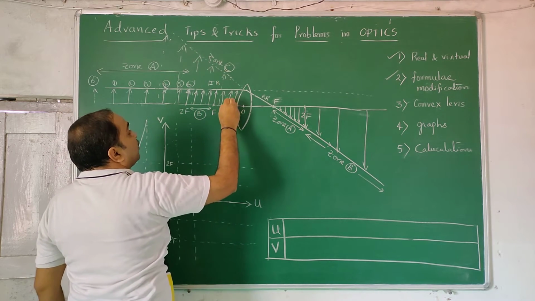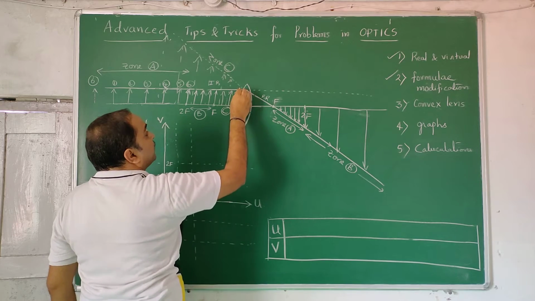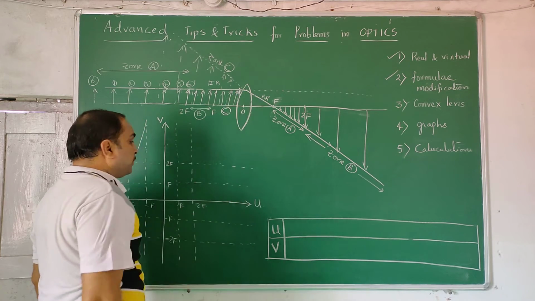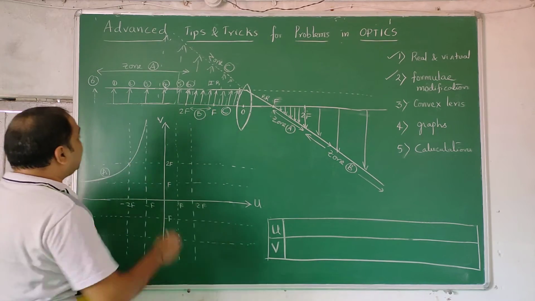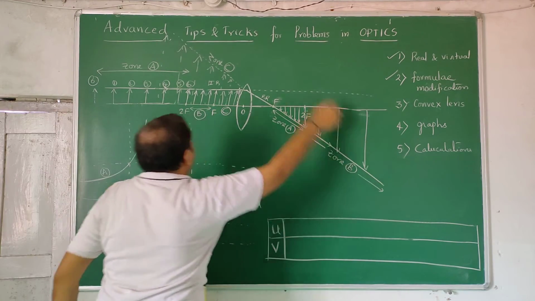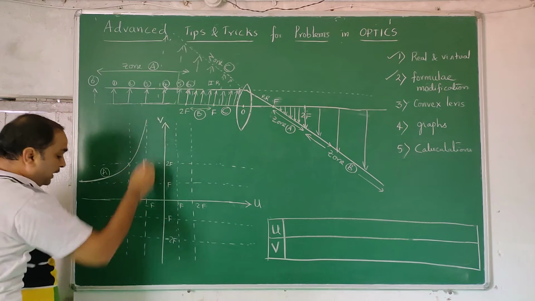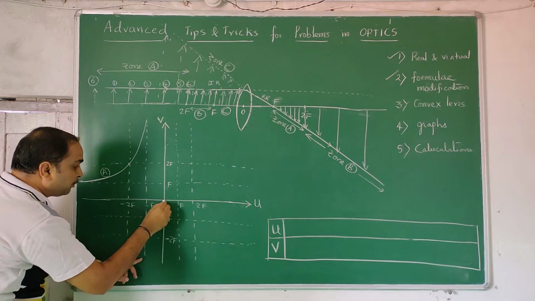And when your object sticks to the lens, the image also sticks to the lens. So in this f to 0, suddenly at plus infinity it breaks and starts at minus infinity, and it comes up to the focus.